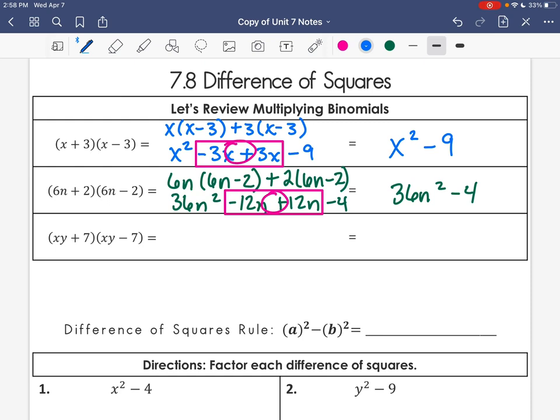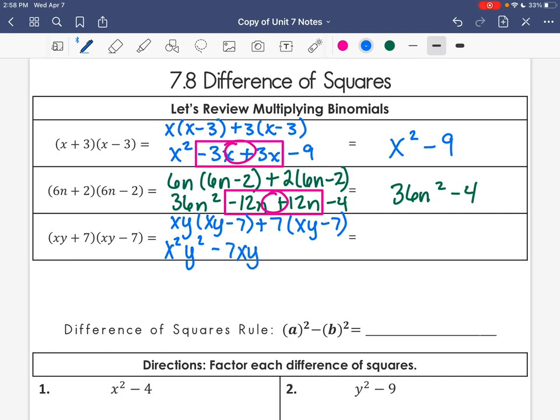So we will have xy times xy minus 7, and then 7 times xy minus 7. Remember, back to exponent rules, x times x is x squared, and y times y is y squared. And then xy times negative 7 is negative 7xy.